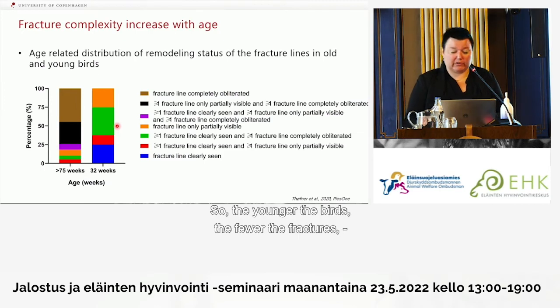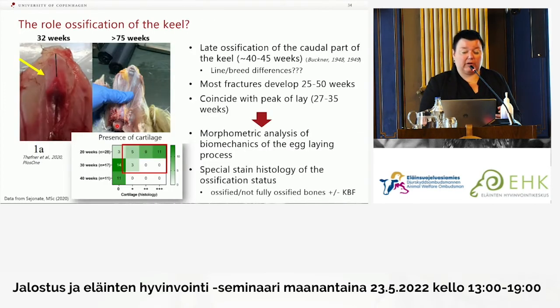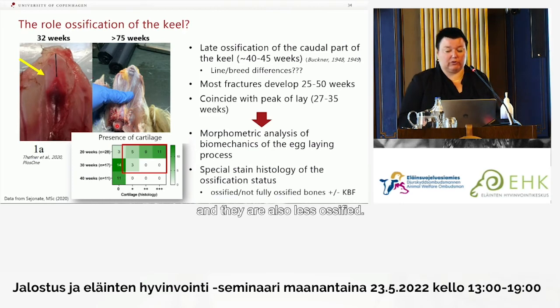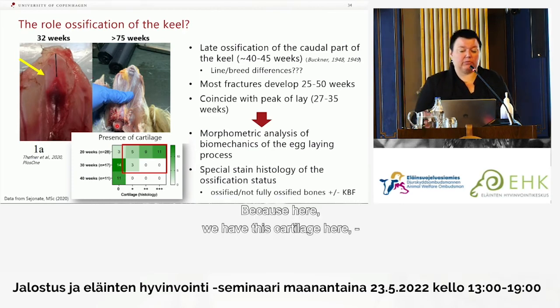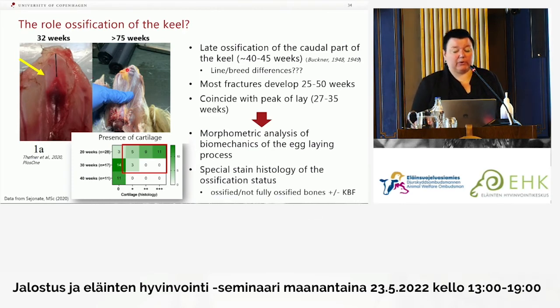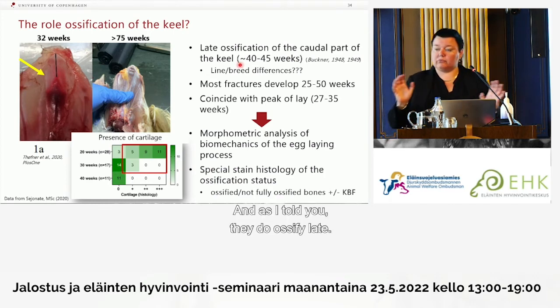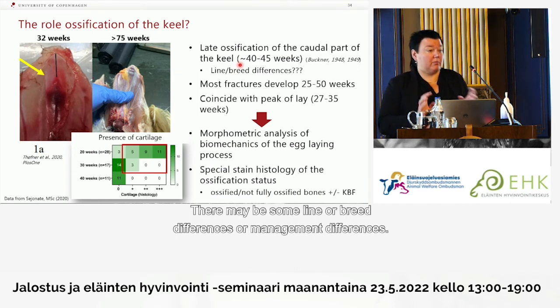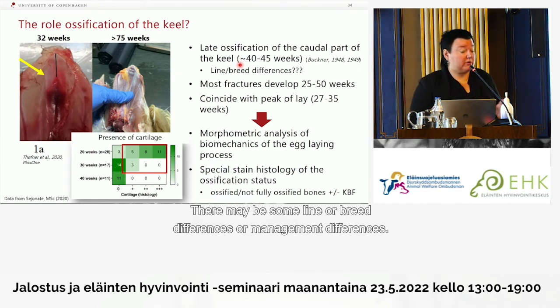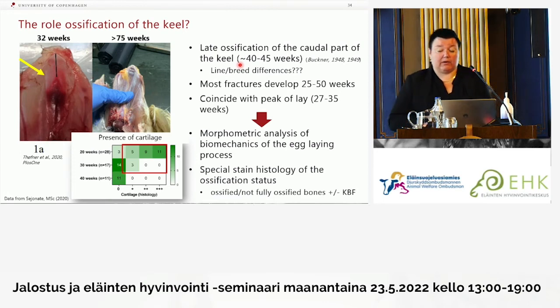So the younger the birds, the fewer the fractures, and they are also less ossified. We can see here we have this cartilage, where we have the old one here. And as I told you, they do ossify late. There may be some line or breed differences or management differences. That has not really been investigated.